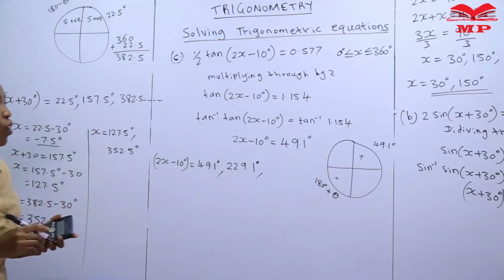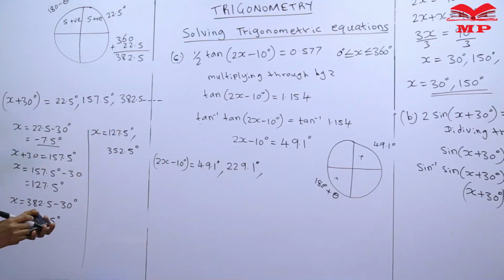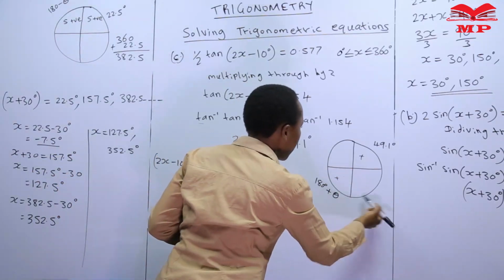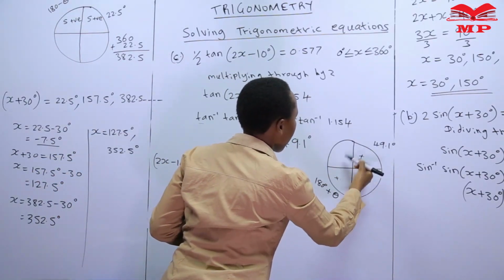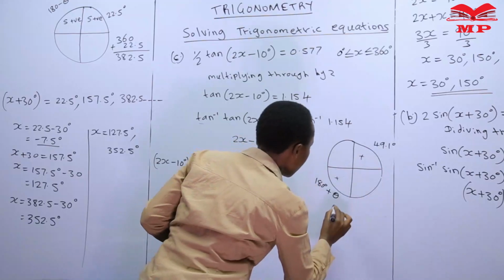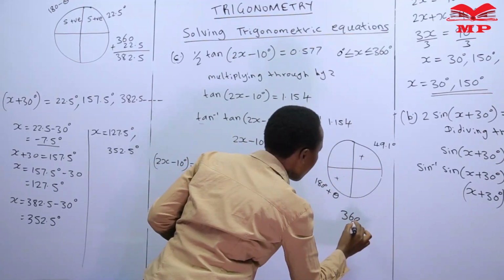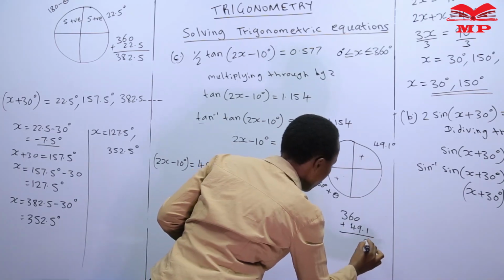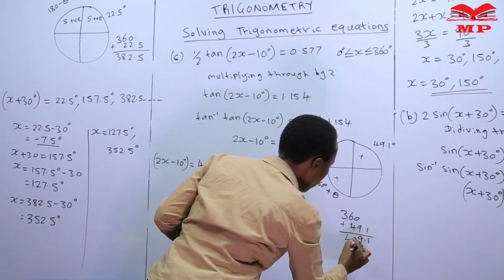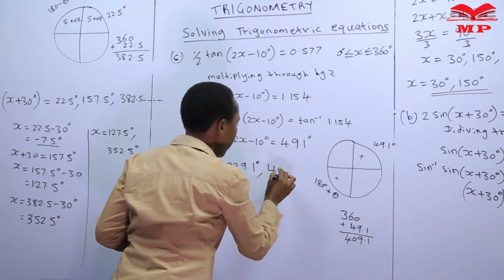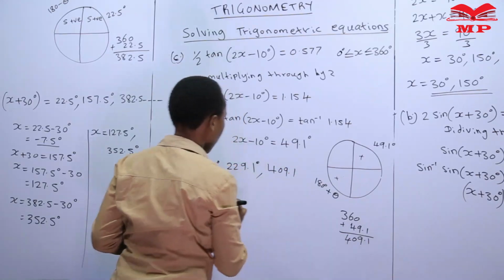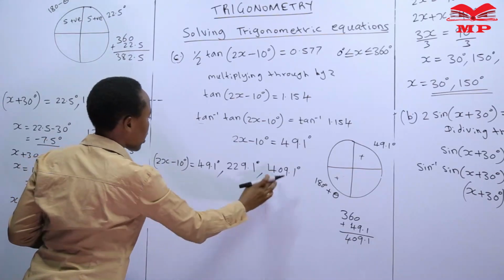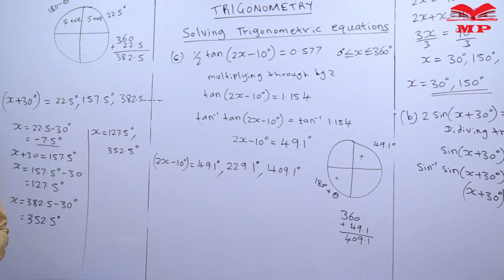We can still move on because our limit is up to 360 degrees. After another round, that is 360 degrees, we'll have 360 plus 49.1, which is 409.1 degrees.